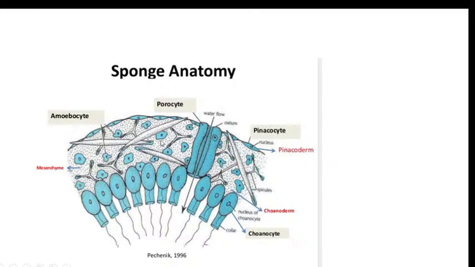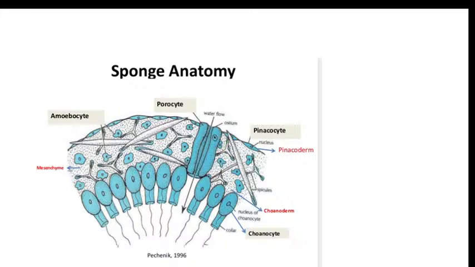The spicules are found in the mesenchyme region. Then from the pinacoderm, the outer layer, extending towards the choanoderm, there is one type of cell, that is the porocytes. So porocytes, or pores, are the openings found throughout the body of sponges, and they help in the water flow.